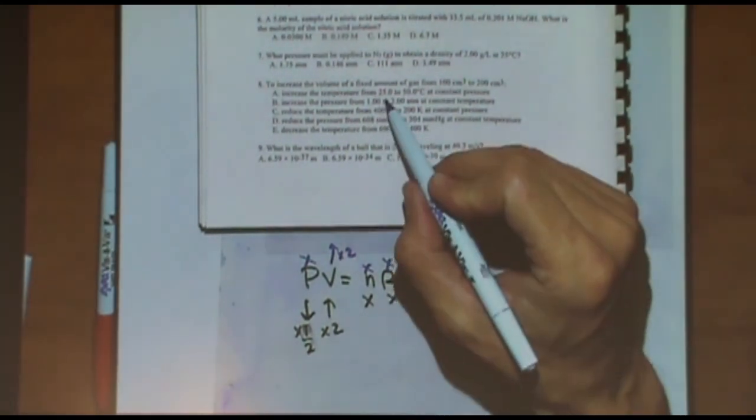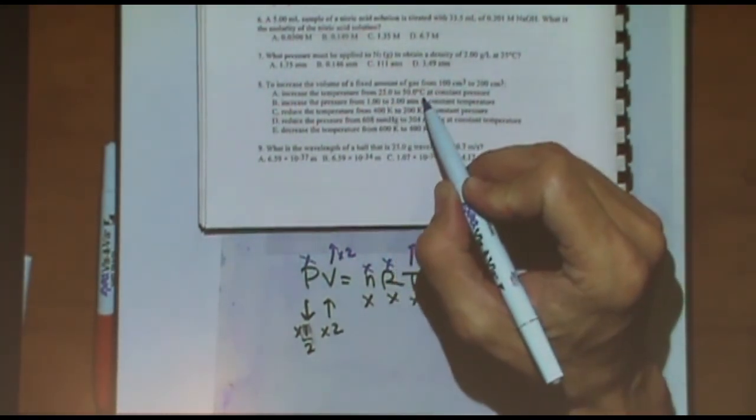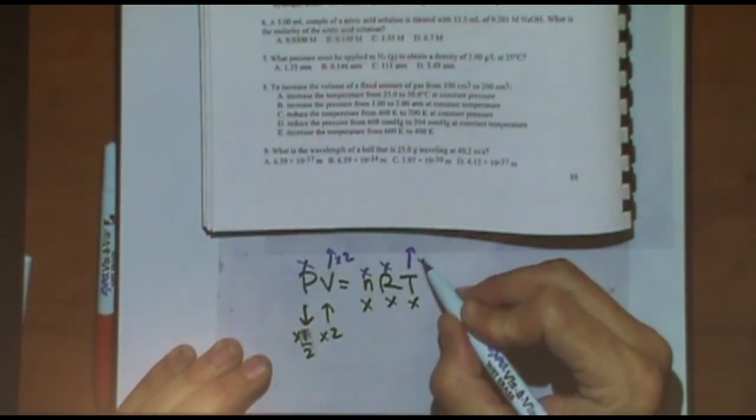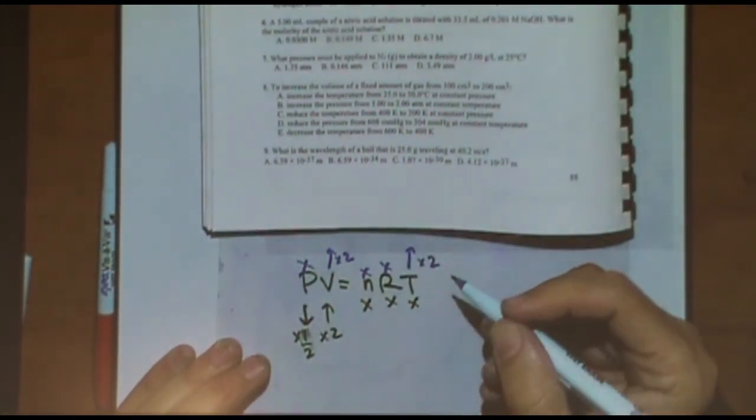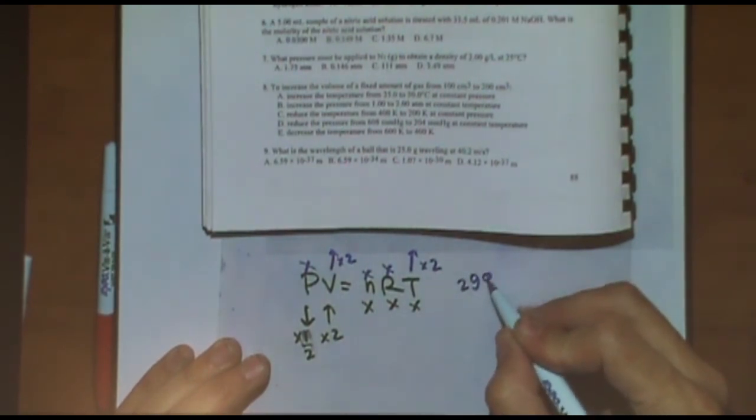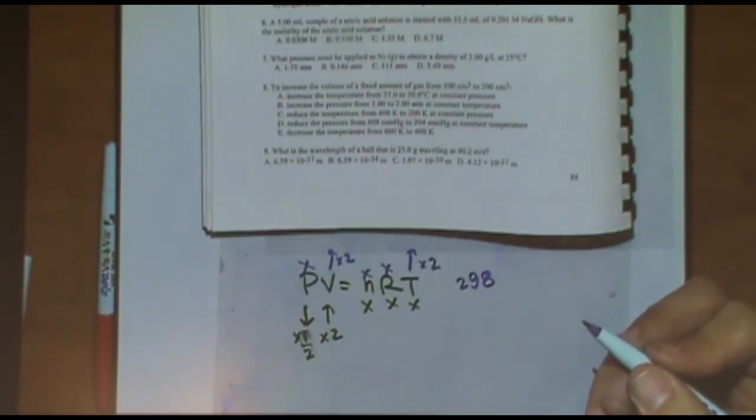So we're going from 298 to 323. That's not a double. If it did in fact double, that would be correct. So if it went from 298 to whatever is 2 times that, about 596, yes, you would have been correct. But it's the wrong units. Okay. All right, let's stop there.